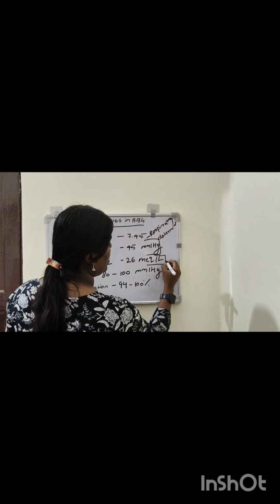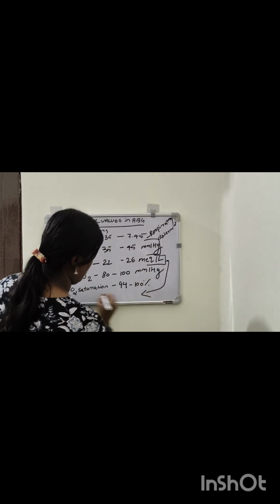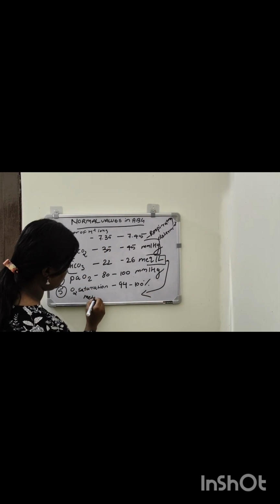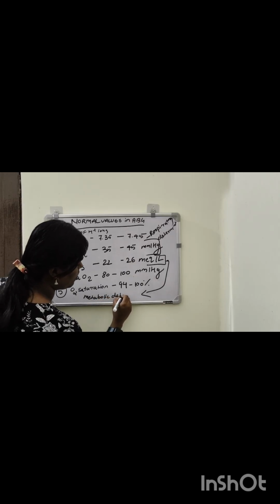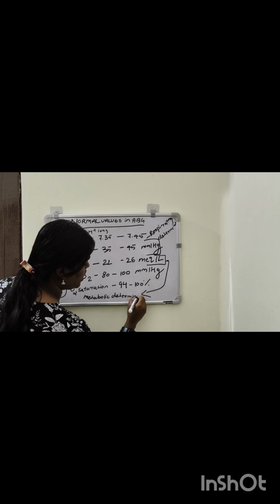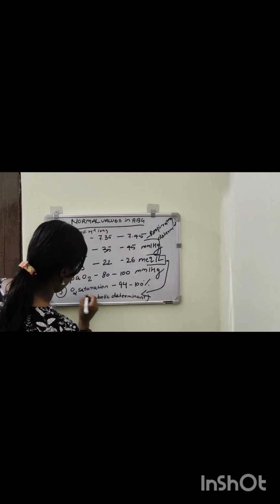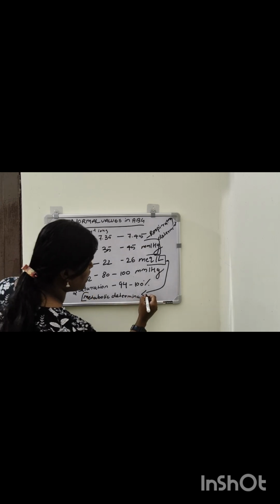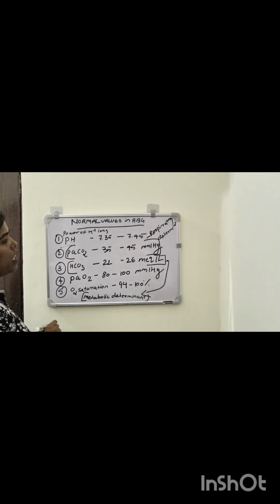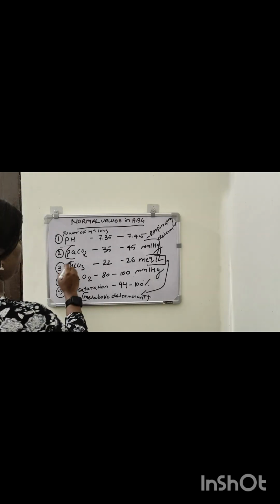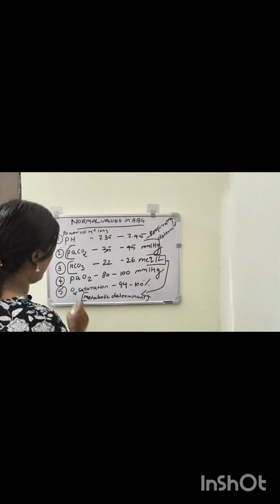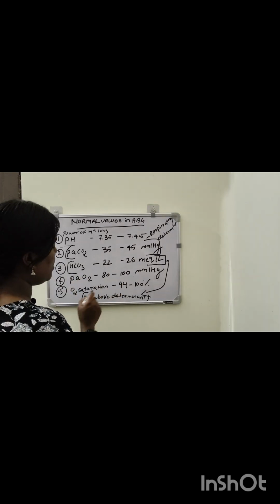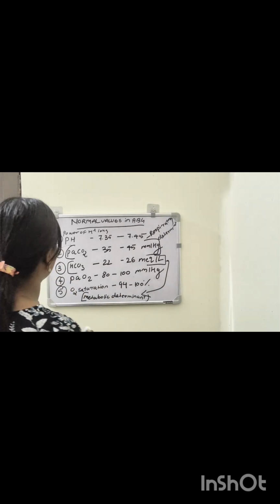So it is a metabolic determinant. Any changes in this value shows what is the present condition in the patient. So, partial pressure of CO2 indicates respiratory system, and the bicarb indicates metabolic system.